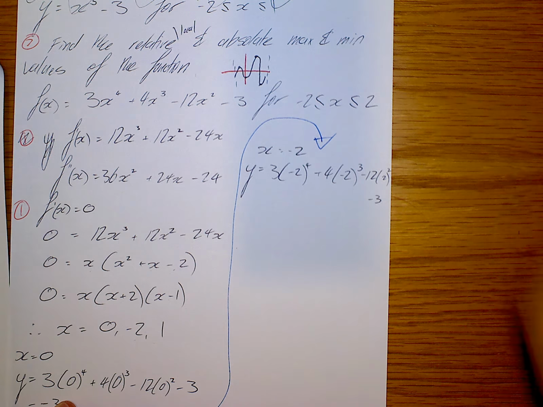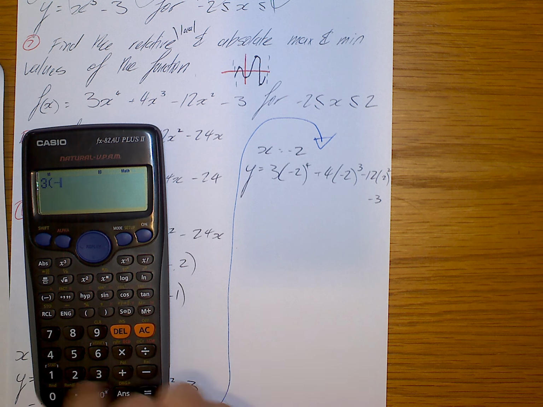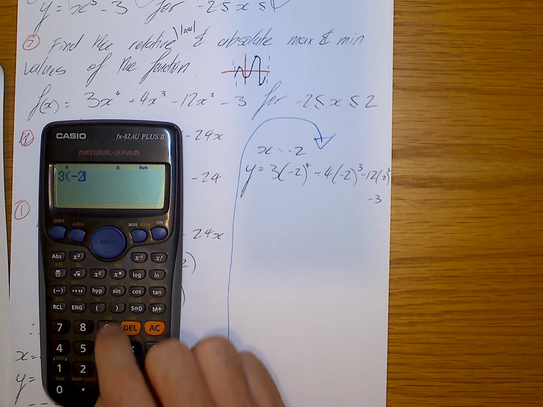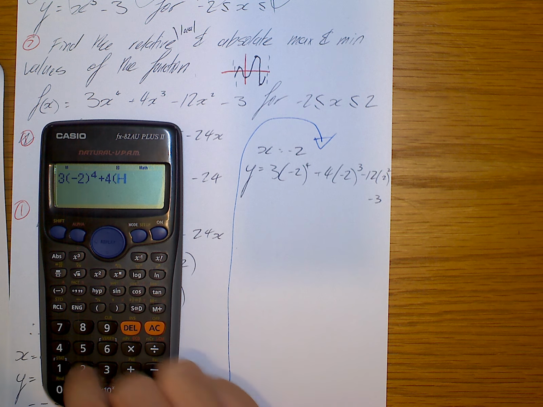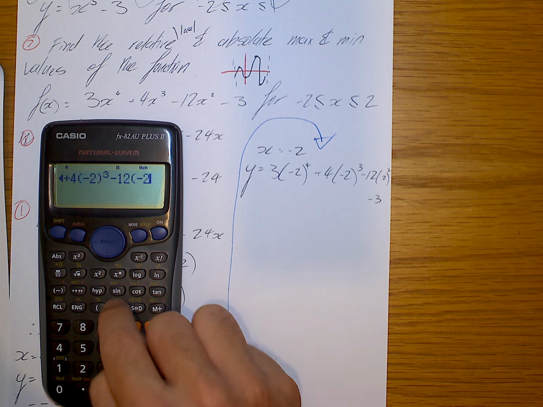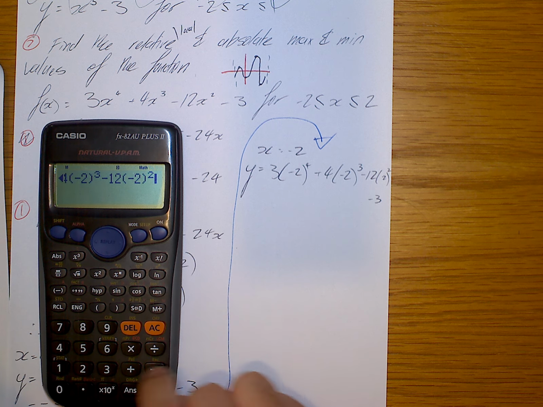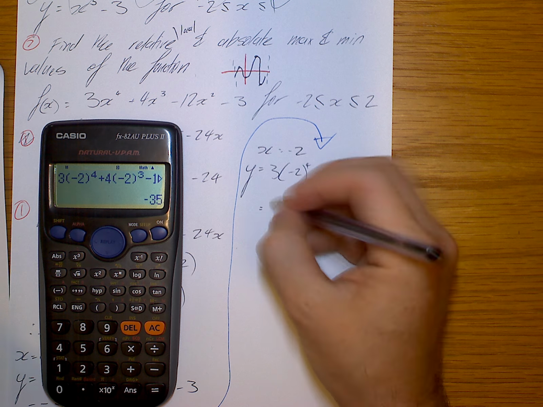I'm going to use a calculator for that one. 3, negative 2, power of 4, plus 4. Negative 35. Okay, I'm going to pray that's correct.